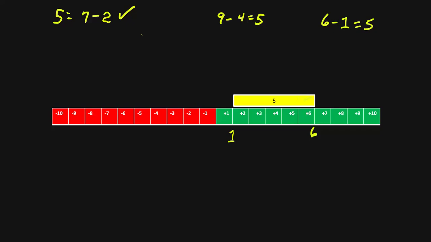And the pattern that I see is that to get this distance 5, that yellow bar, we take the right-hand number, the bigger number, and from that we subtract the left-hand number, and it seems like it works every time.